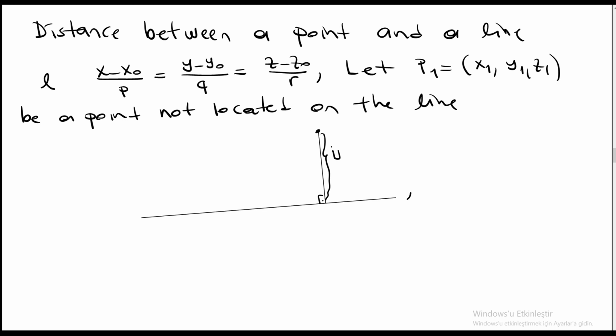Now because on our line we have a point here, let's say this point is P sub 0, with coordinates x sub 0, y sub 0, z sub 0, the point on the line. Now I derive this line segment here. Let's say the angle between this line and this line segment will be theta. So we have the vector D. So here we have P1, right?